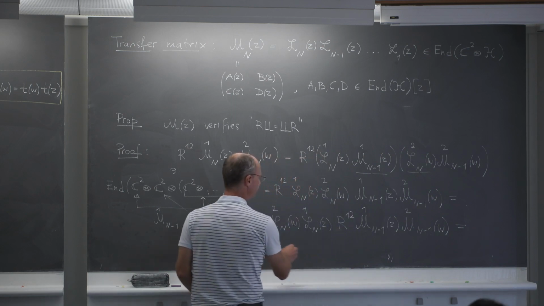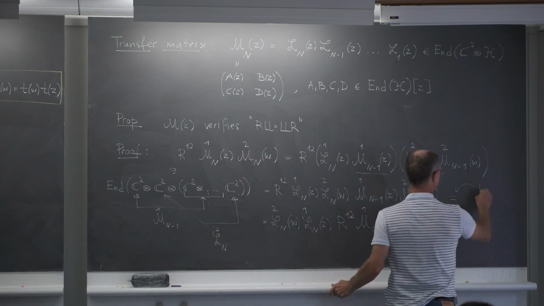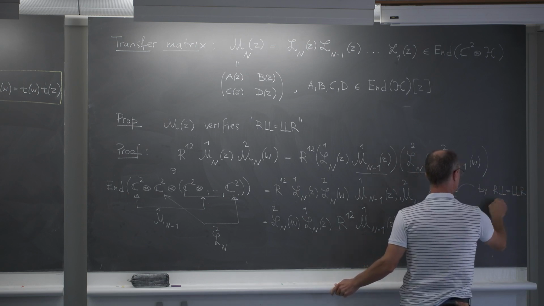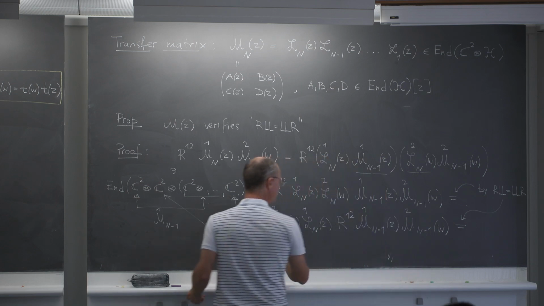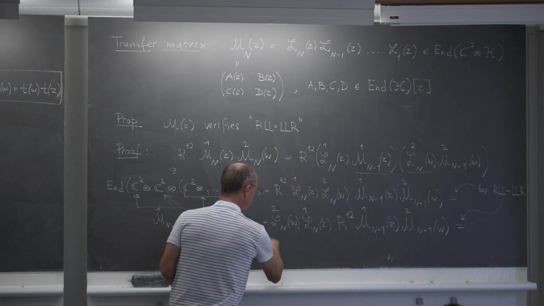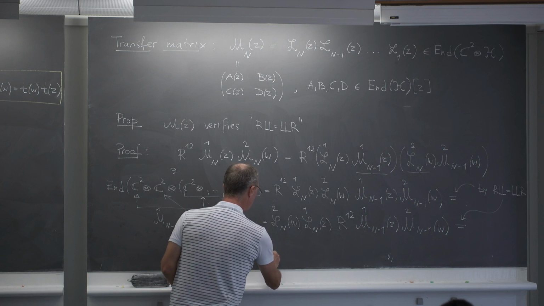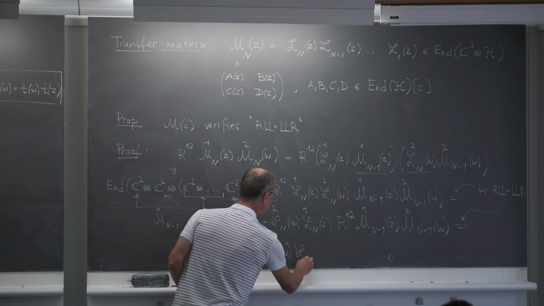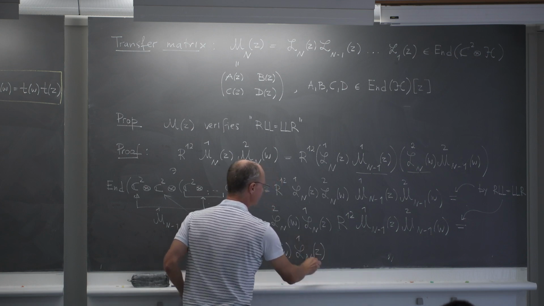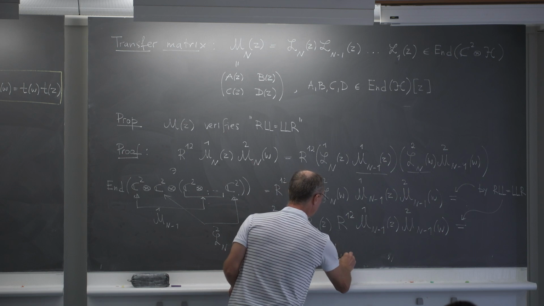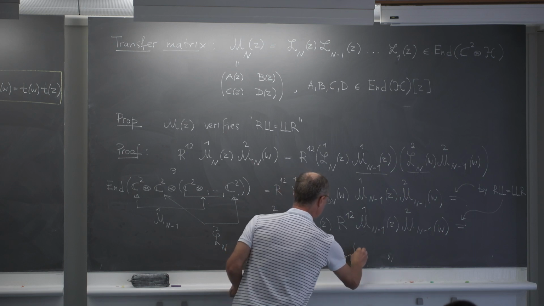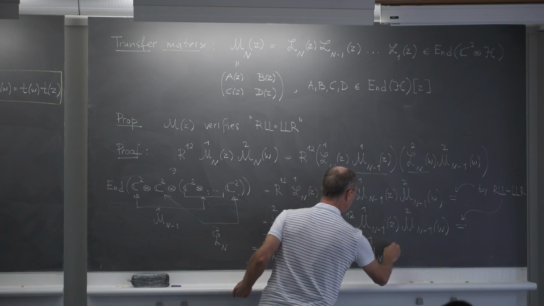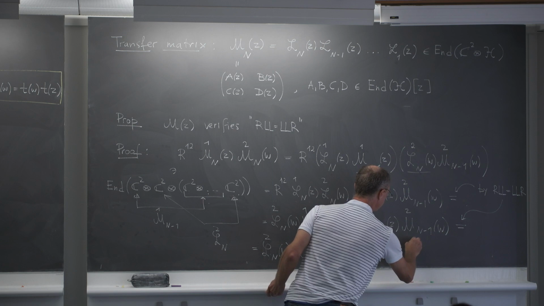So that's, so this gives us, now Ln2 W, Ln1 of Z, M n minus 1, 2 of W, M n minus 1, 1 of Z, R12.